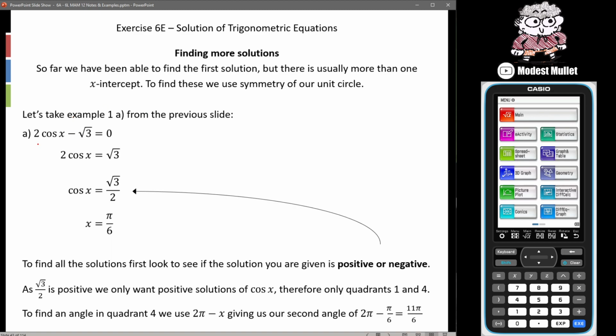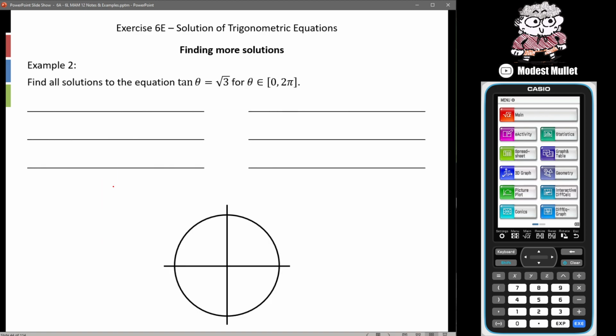So that's pretty much all what we talked about. If we took 2 cos x minus root 3 and solved, we got our first solution as pi on 6. We would realize there would be some symmetrical positions. What other angles would give me a cos value of root 3 on 2? Well, cos, and we needed a positive root 3 on 2.